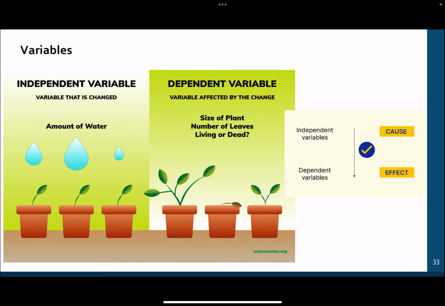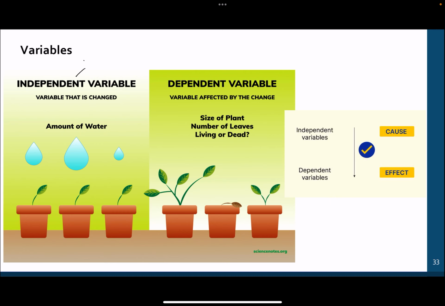So once we have defined our control group or our comparison group and our experimental group to which we are going to change a specific set of parameters, we also want to define our independent and our dependent variable. The independent variable is always the one that you, as the researcher, have control over.